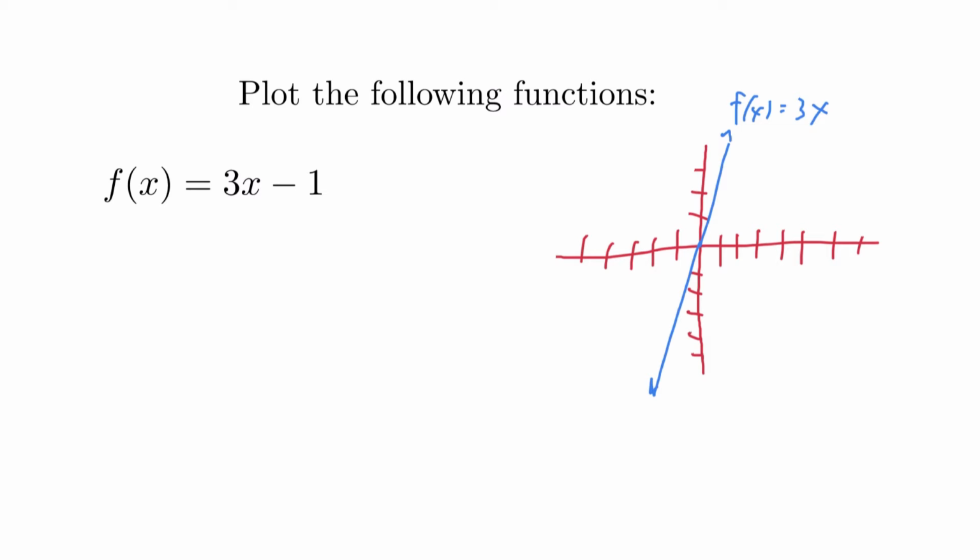And then I will shift this by minus 1. Okay, so here's f of x equals 3x minus 1. It's a little sloppy, but essentially all I did was take the function that was easy to plot, f of x equals 3x, and shift it down by 1, according to my translation rule.